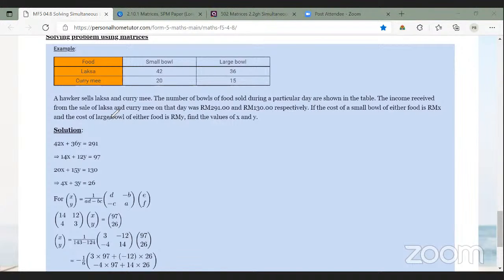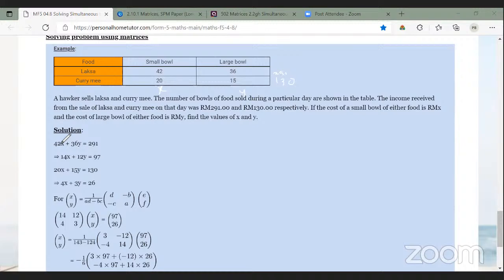All right. So the equation we're going to use is, we already know the small bowl is X ringgit and the large bowl is Y ringgit. And we know the total is 291 for laksa and 130 for karimi.